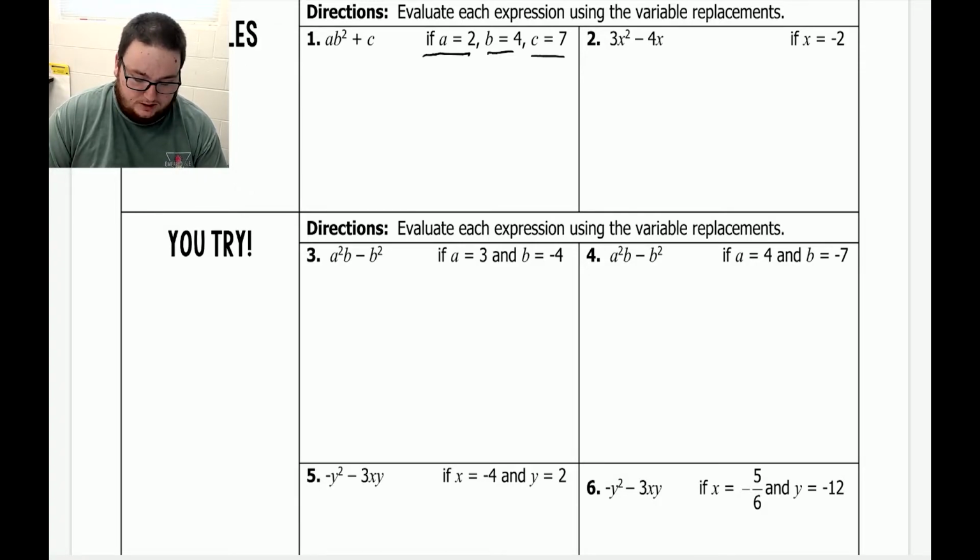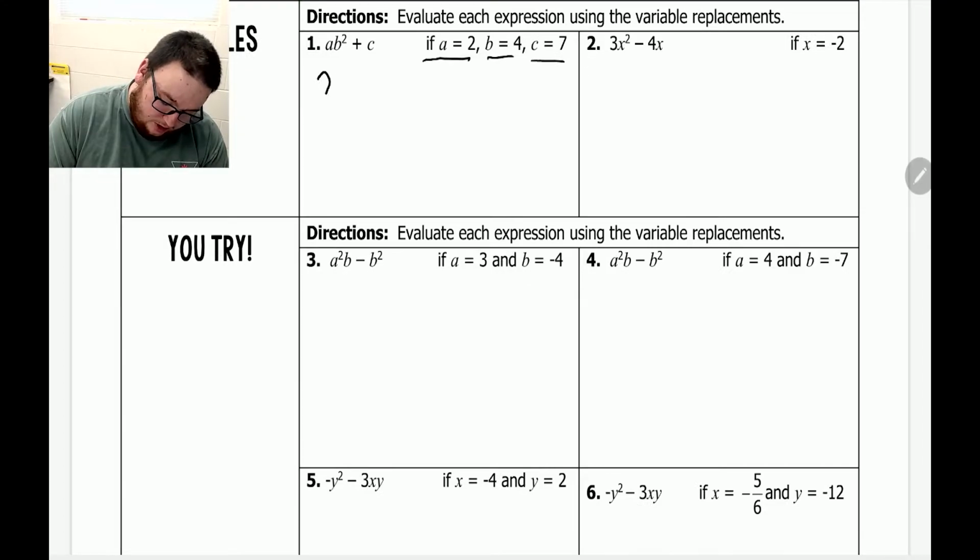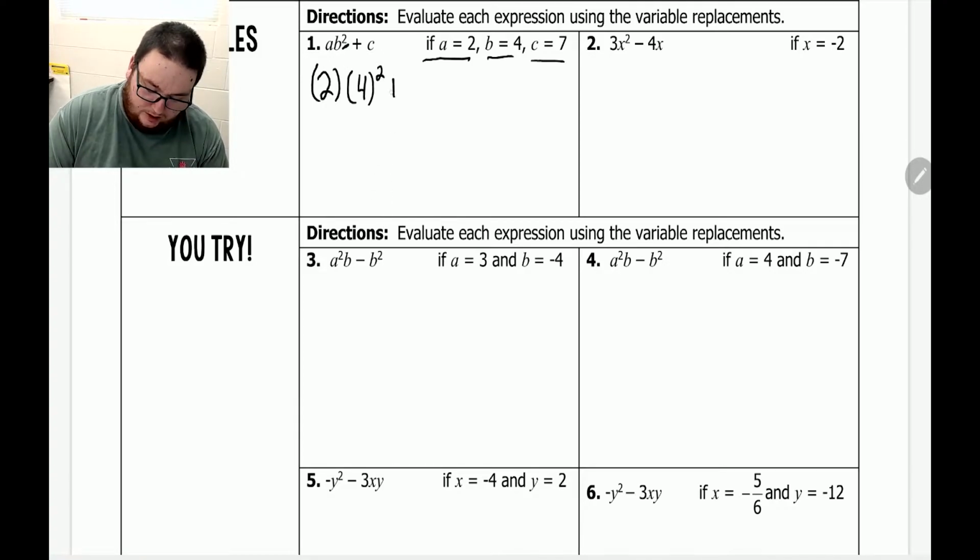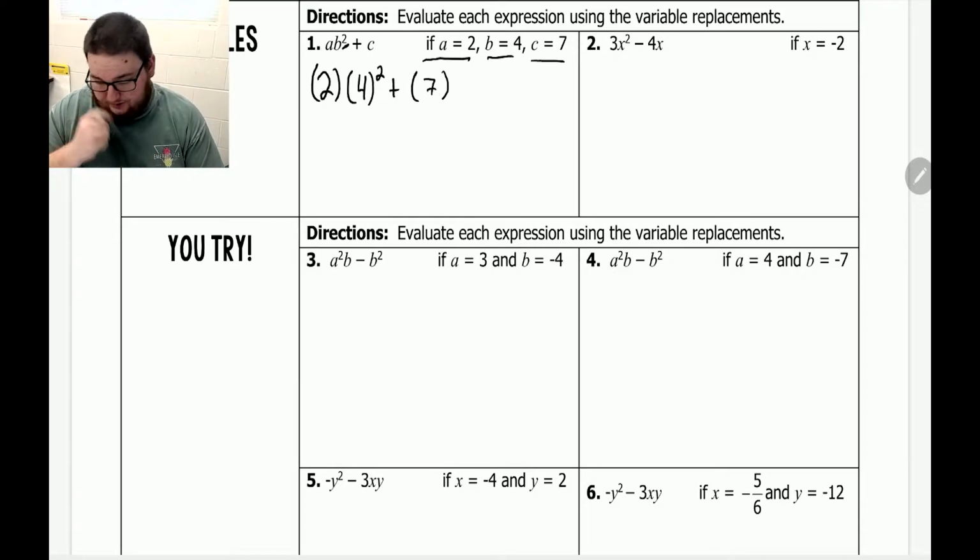Instead of writing a, I'm going to change a to 2, and we're going to put parentheses around it. B changes into 4, and we're going to write parentheses around it. And remember that b had an exponent of 2. And then we're going to add c, and c is equal to 7, and we're going to have parentheses around it.